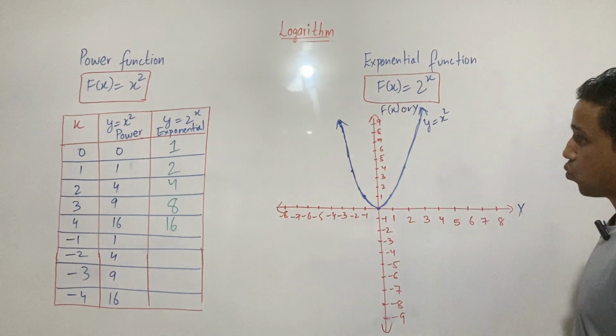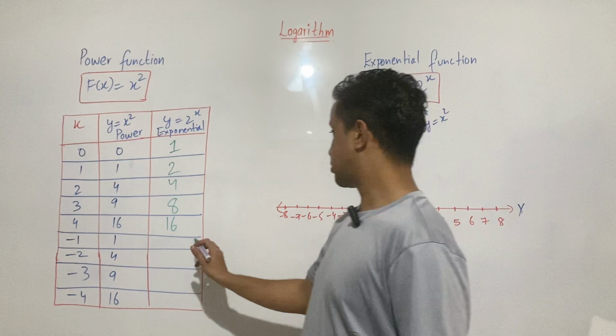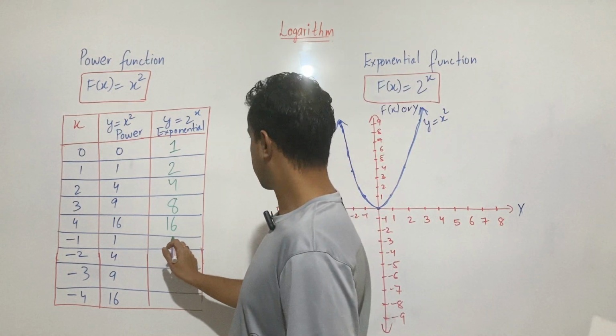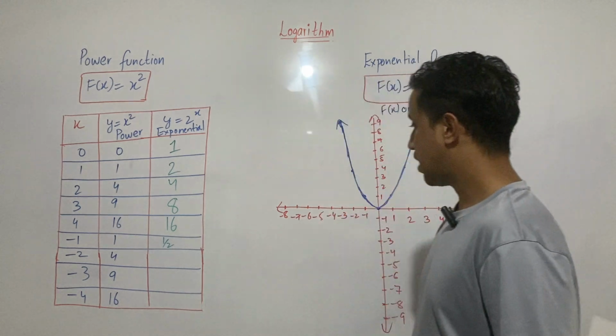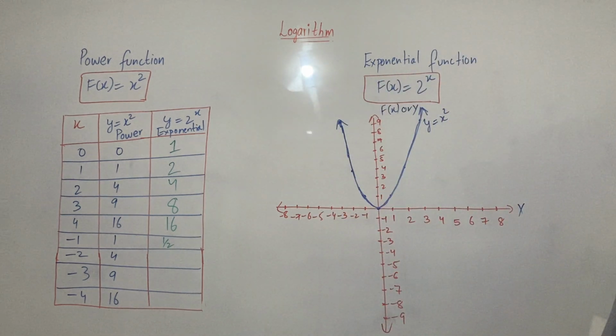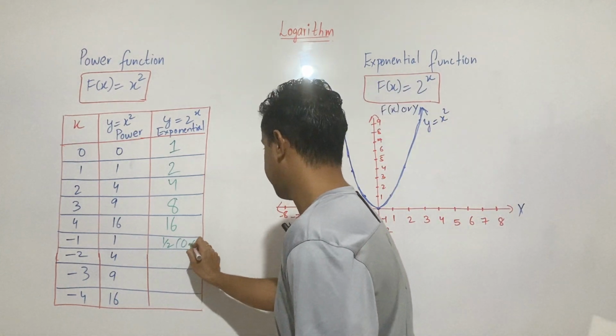And when you have x equals minus 1, it's going to be 1 by 2, which is 0.5.